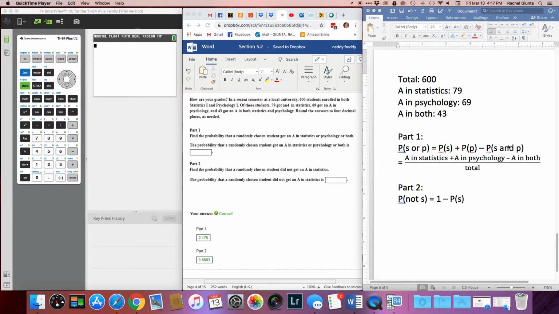It's the same equation, but we solve it slightly differently because instead of being given the probability for each of these, we're given the number of students for each category and the total.